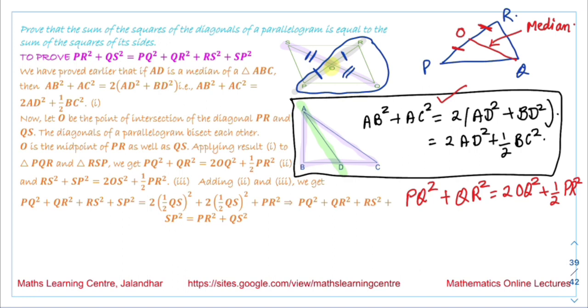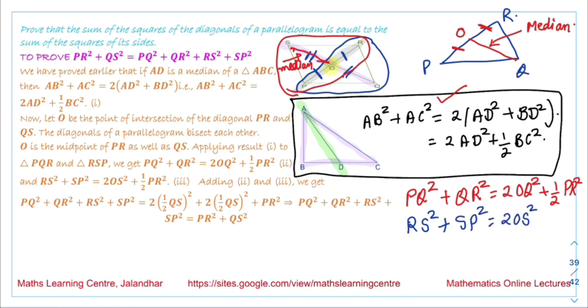Similarly, if we consider this triangle PRS, in this triangle SO is the median. So applying this result, we will get this expression: RS square plus SP square is equal to 2 times OS square plus 1 by 2 times PR square.